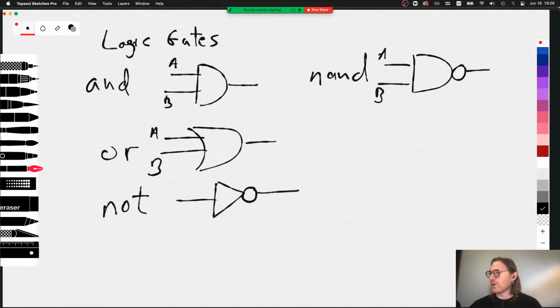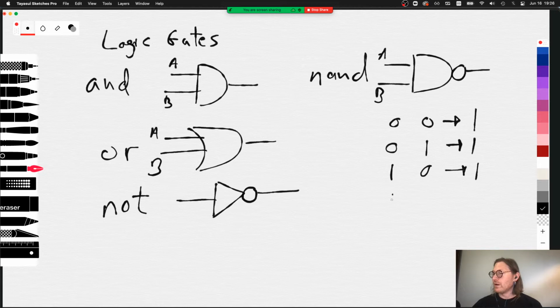So we can think about the truth table here. If we've got 0, 0, that's going to evaluate in AND to 0. Then we NOT that, and we get 1. 0, 1 is going to evaluate to 0, NOT that, and we get 1. 1, 0, again, we get 1. 1, 1, we get 0.